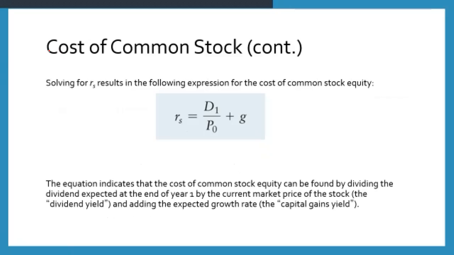Solving for RS results the following expression for the cost of common stock equity. So solving for the common stock equity, we have D1 over P, price of the stock, plus G. Right, so that's why we need to use the first formula to find the price of the stock if we're not given, because we need the price of the stock in this instance to find the cost of common equity.